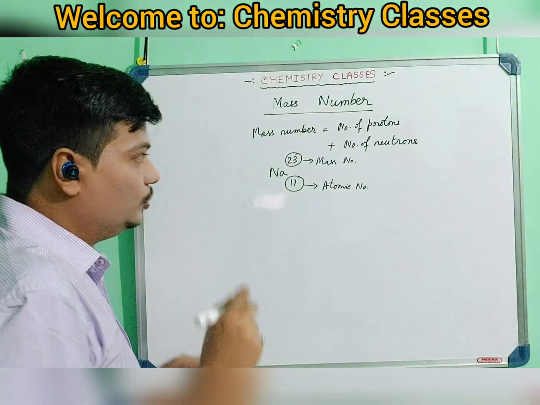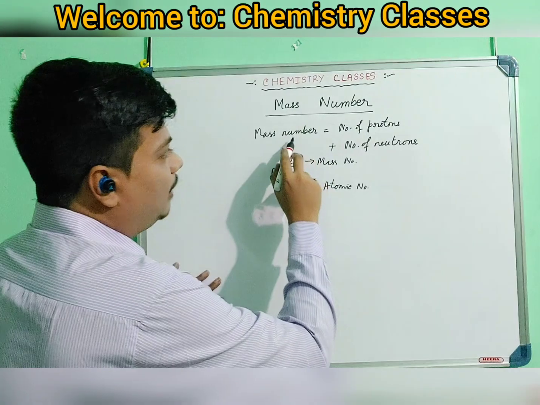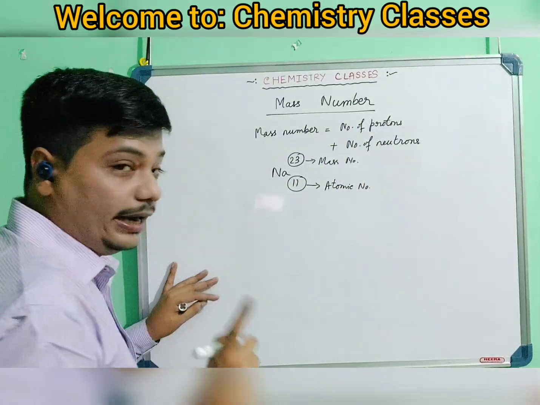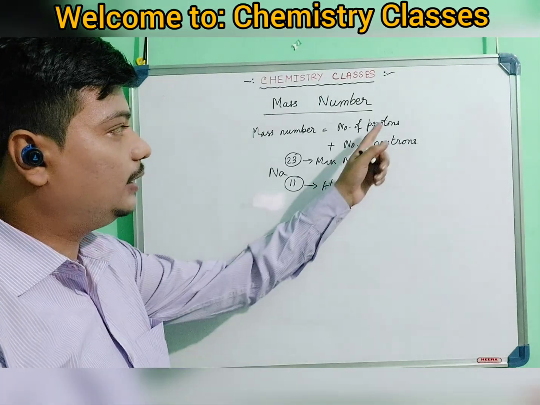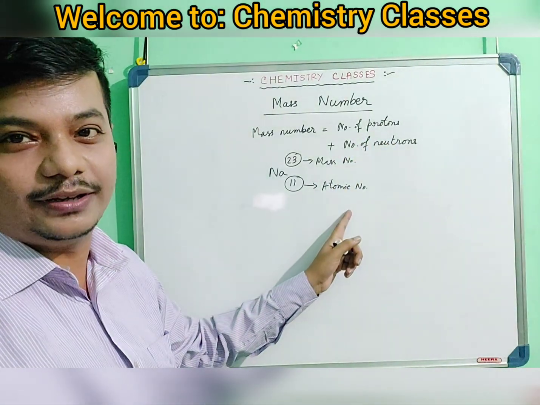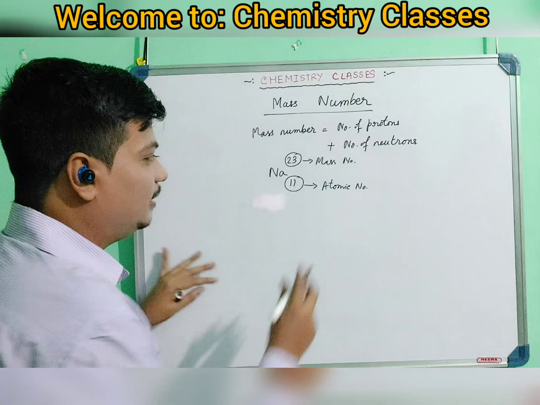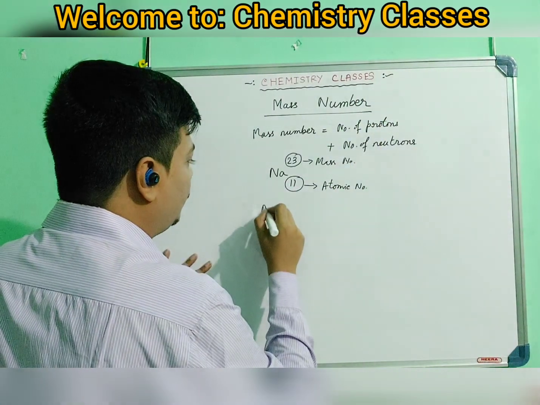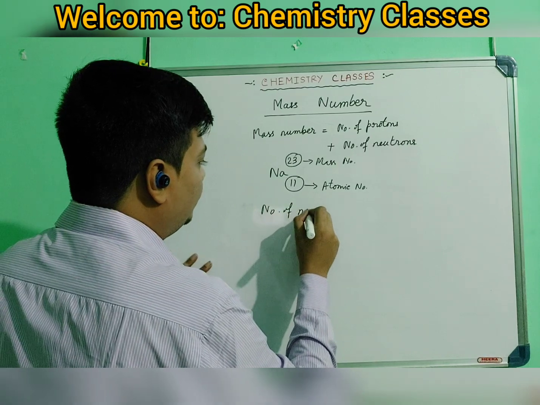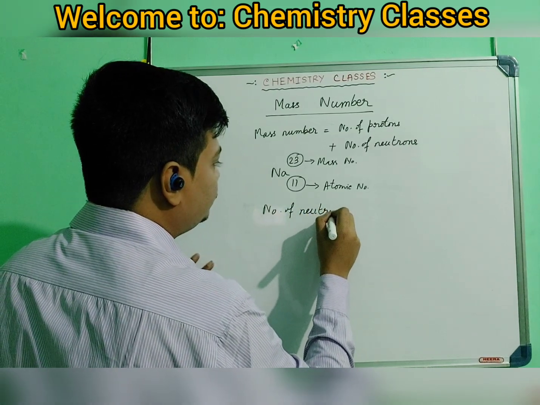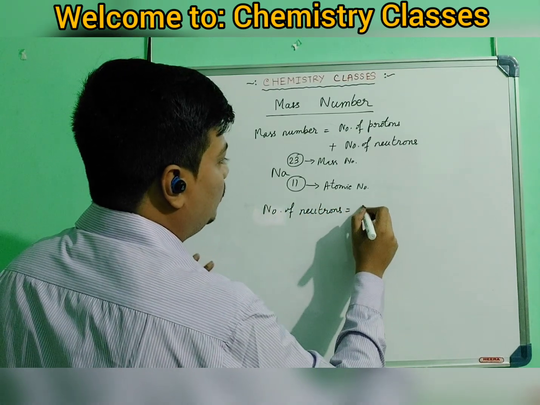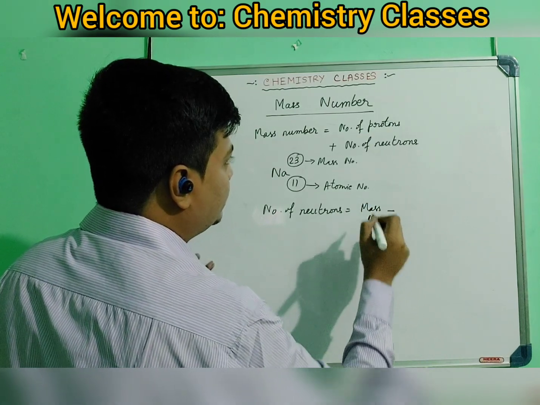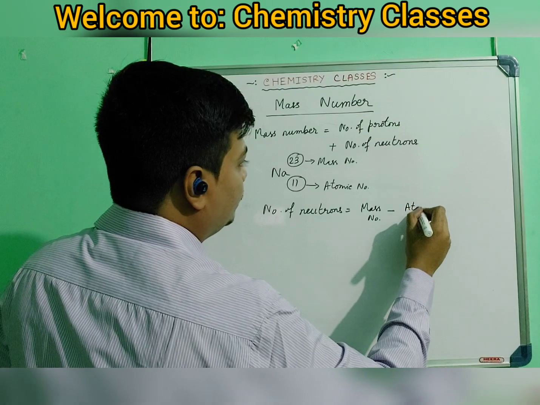If mass number is equal to the number of protons plus the number of neutrons, and we also know that the number of protons is equal to the atomic number, then from that we can find the number of neutrons. Number of neutrons is equal to mass number minus atomic number.